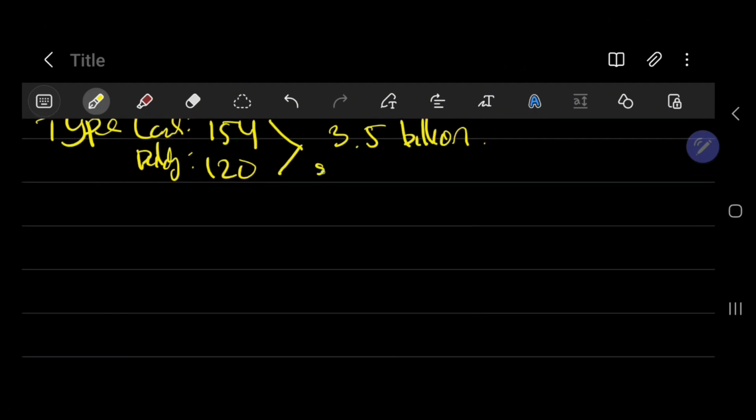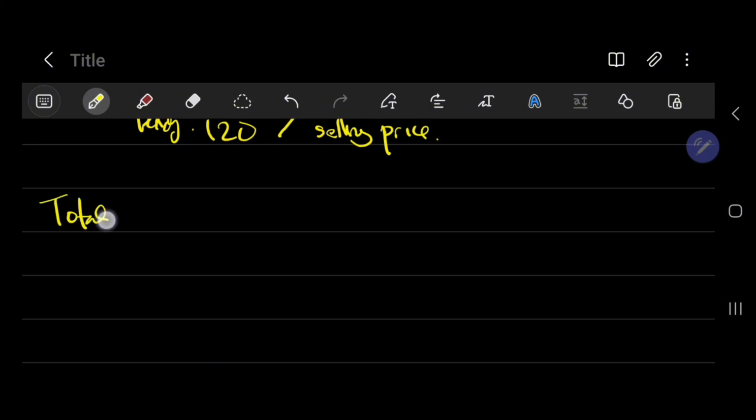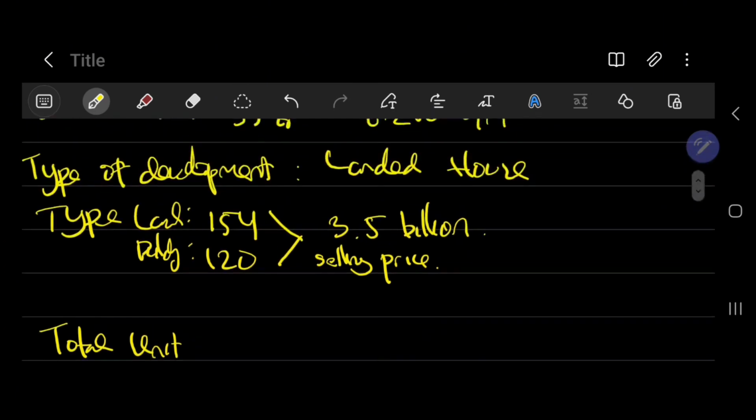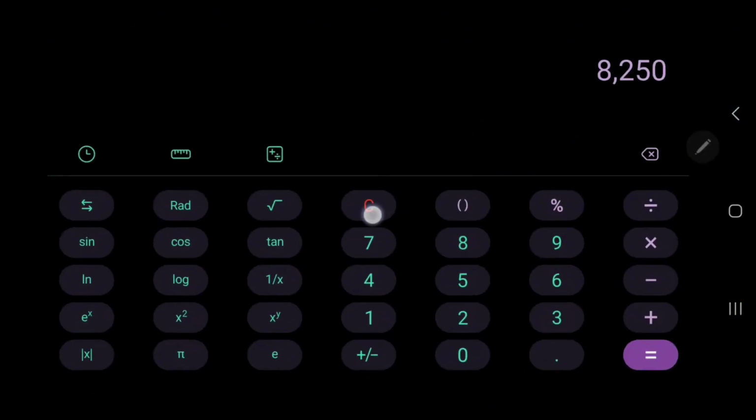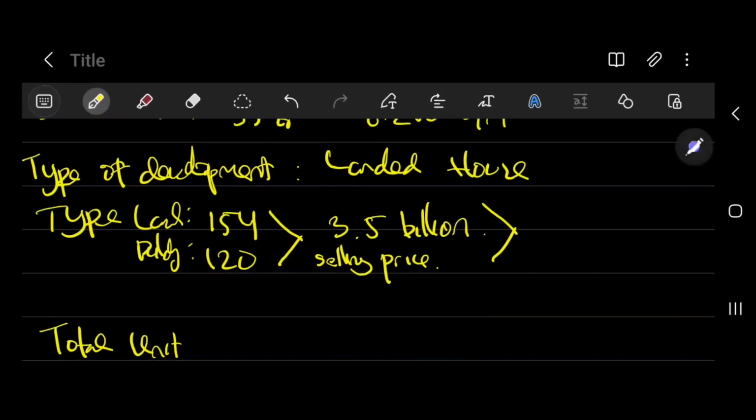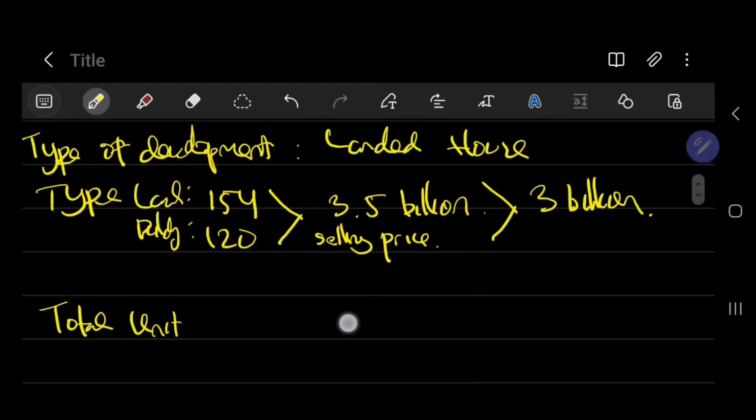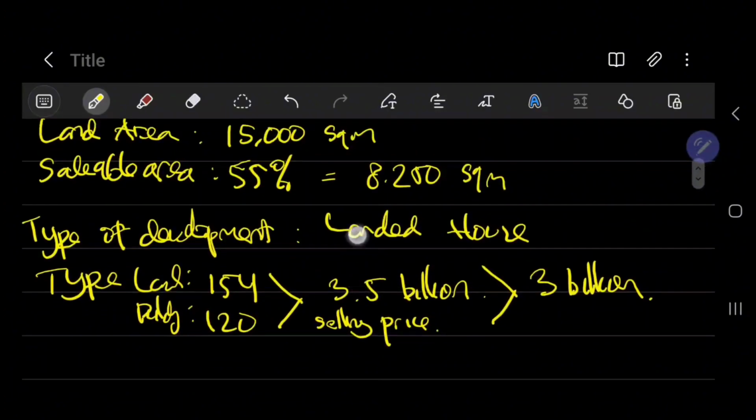Let's assume the transaction price, because definitely the seller adds margin to the number. Let's say the asking price is probably over by 20%, so 3.5 billion multiplied by 80% is 2.8. So let's just assume that the selling price is around 3 billion.